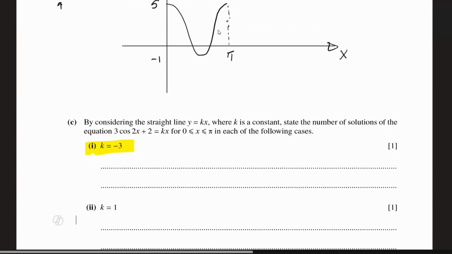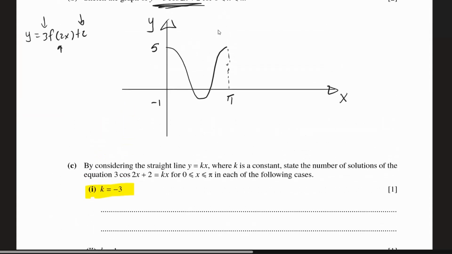All right, so here we're going to make a sketch of y is equal to negative 3x and see how many times it would intercept this graph. So y is equal to negative 3x would be a line that comes down like this.